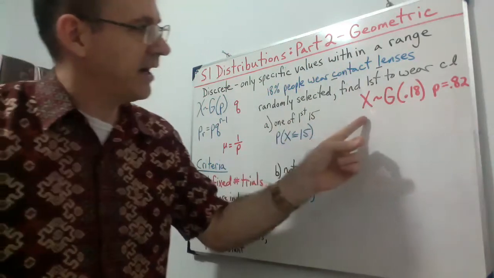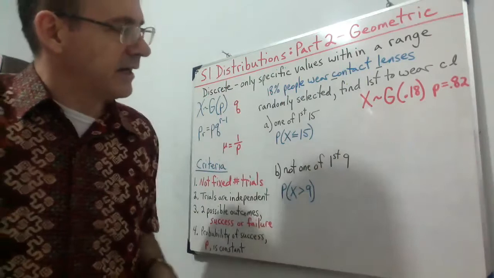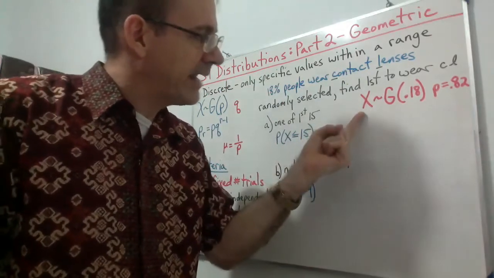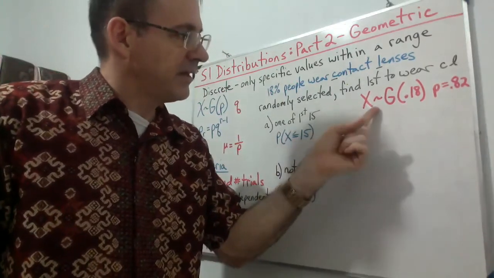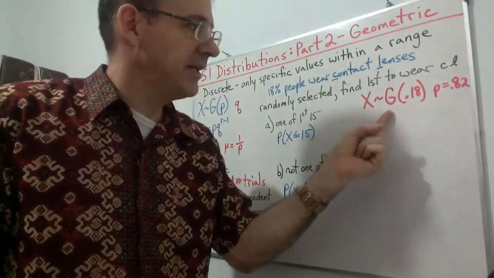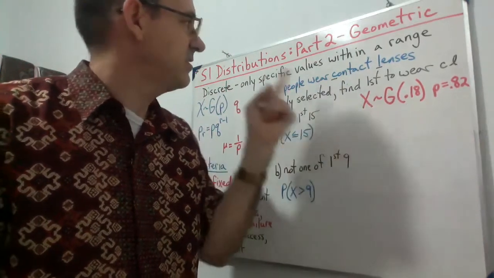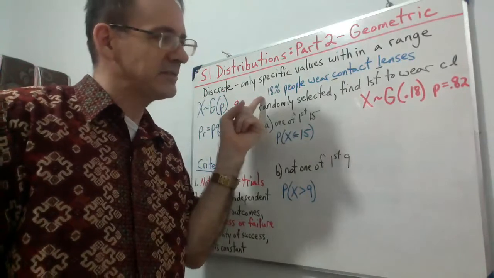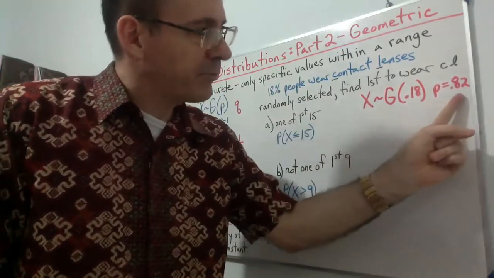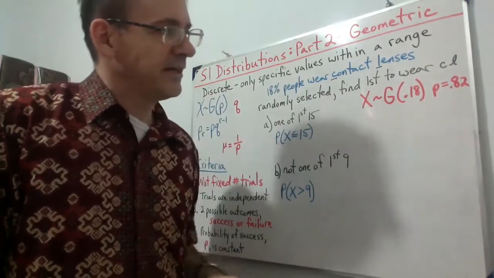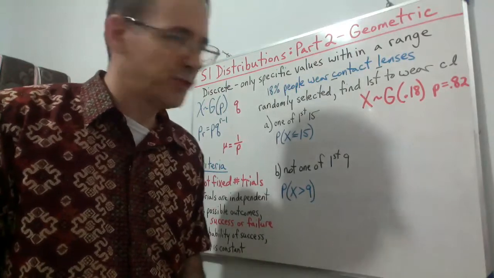So we set up our distribution here. Our random variable X is distributed geometrically with a probability of success of 0.18, meaning our probability of failure is 0.82.